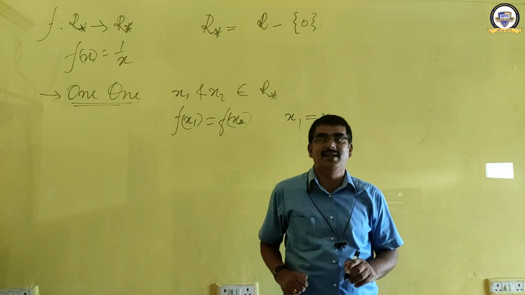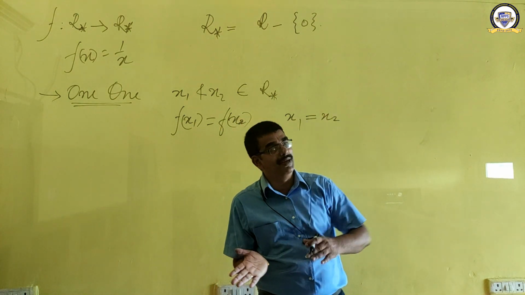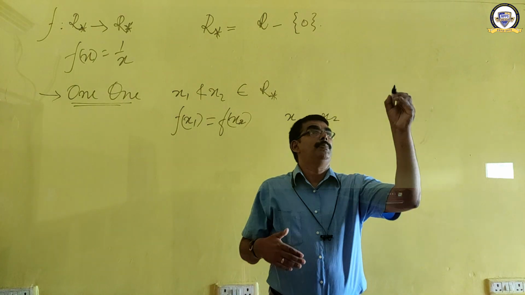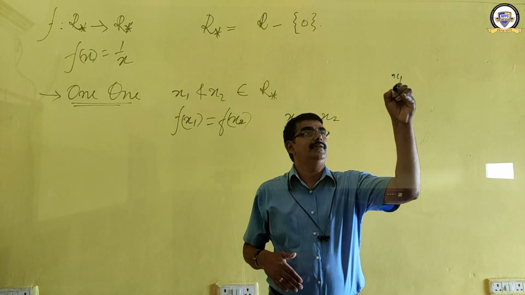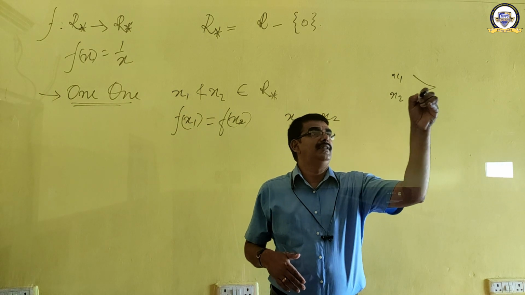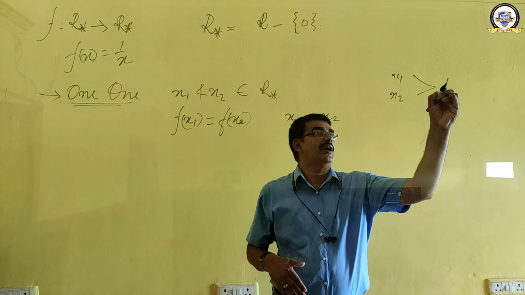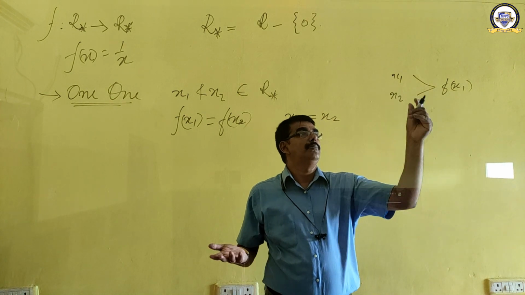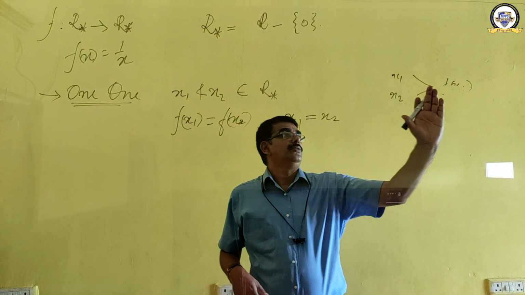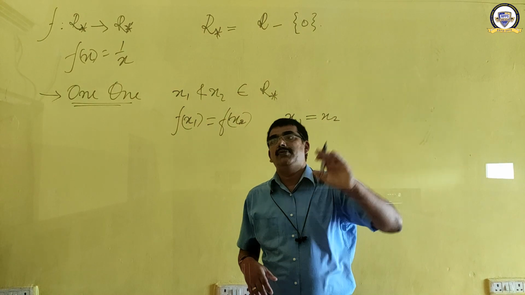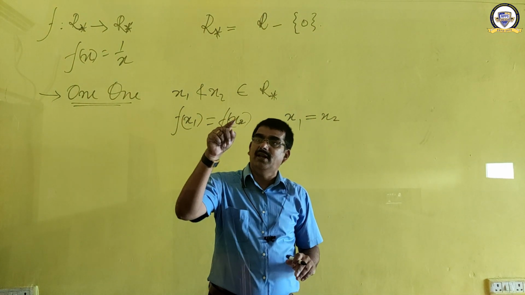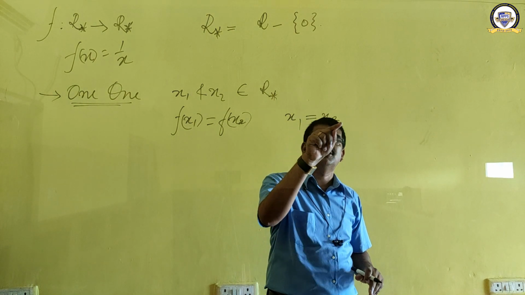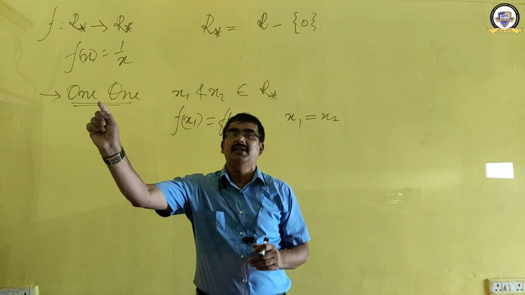Then only we can say it is one-one. If the pre-images are different and the image is the same, then it is many-one. So if f of x1 is equal to f of x2, then x1 must also be equal to x2 to prove that it is one-one.